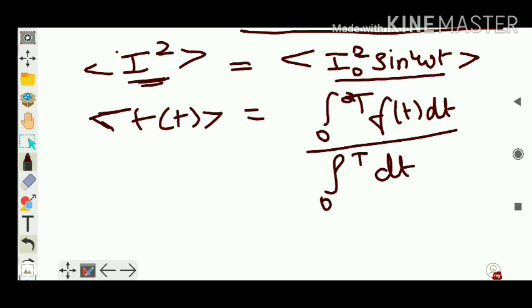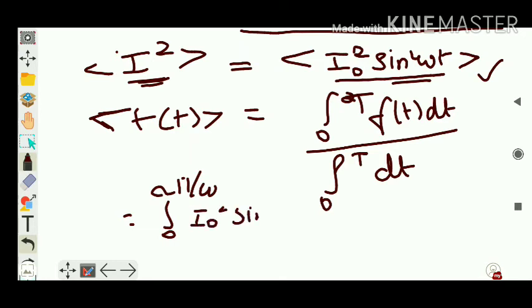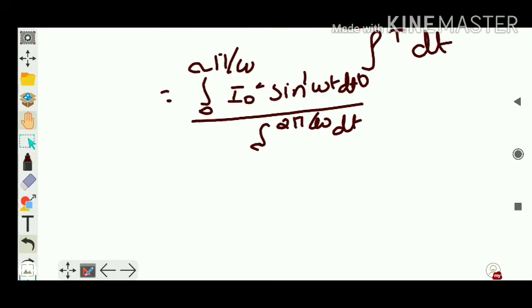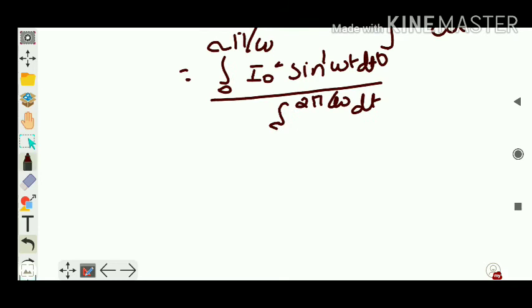Depending on this, I can do this also. That will be integral 0 to 2 pi by omega, since the time period for one cycle is 2 pi by omega, and f of t will be I naught square sine square omega t dt, whole divided by integral 0 to 2 pi by omega of dt. Clear? Now we are going to integrate this.